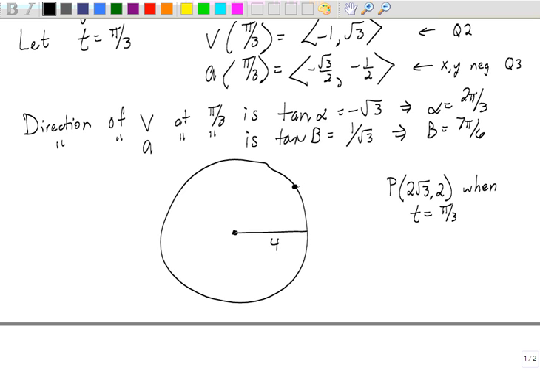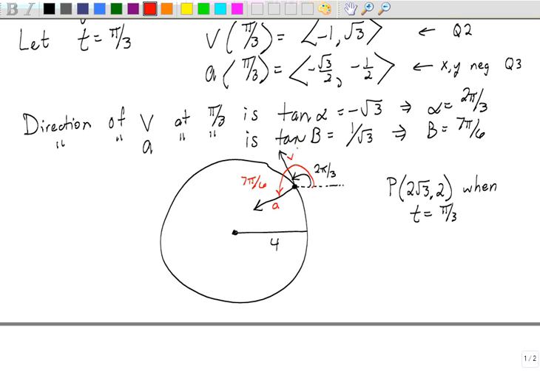And so measured from this reference, we're going to do the reference angle. Here's v. This angle is going to be 2 pi over 3. And a is coming out like this. Let me do that in red. It is 7 pi over 6. So here's the a vector and the v vector, acceleration and the velocity vector.